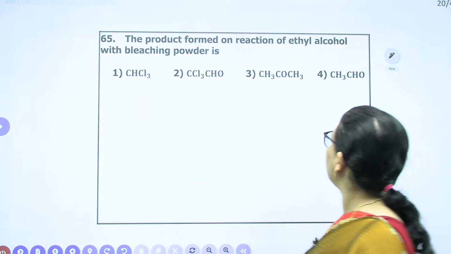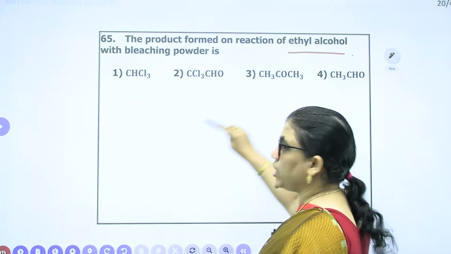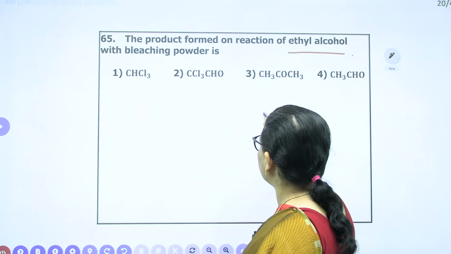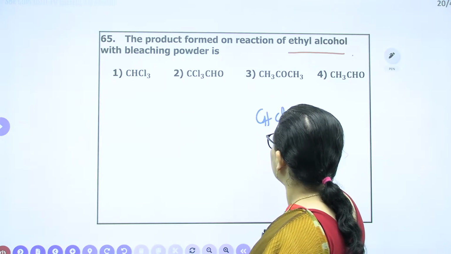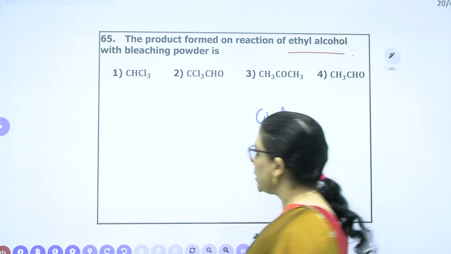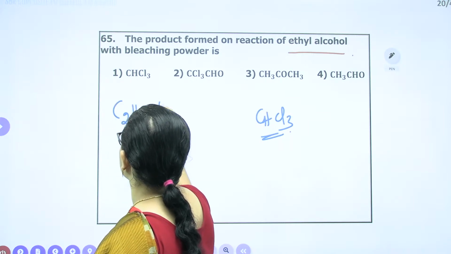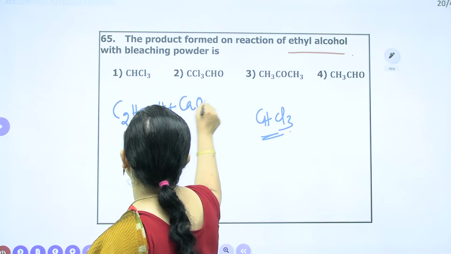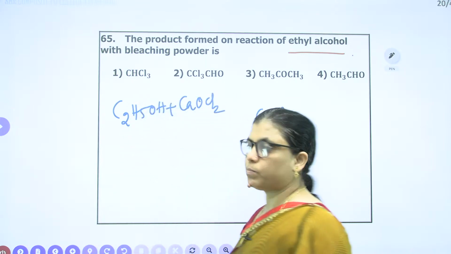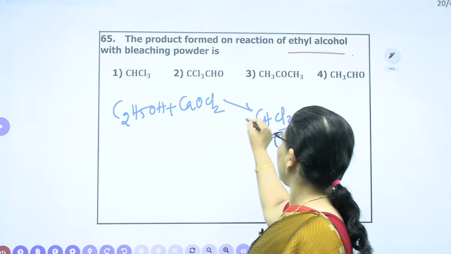That means that when we are treating ethyl alcohol, we will get the answer as CHCl3, chloroform. When ethyl alcohol is treated with calcium oxychloride, bleaching powder, it will produce chloroform.